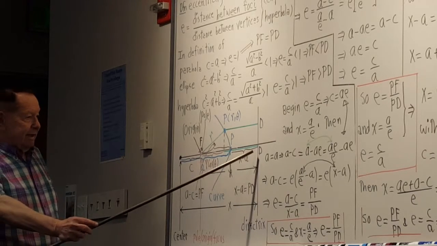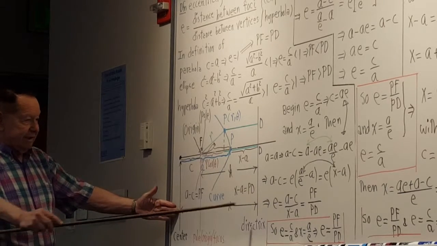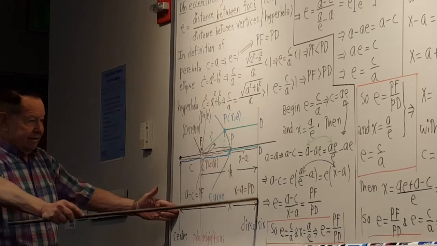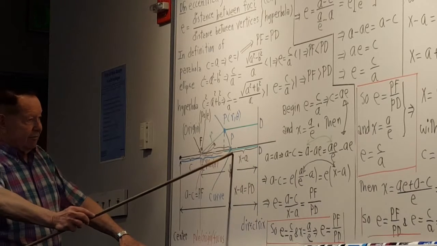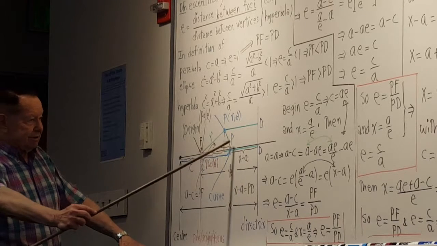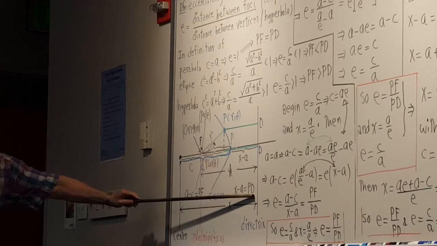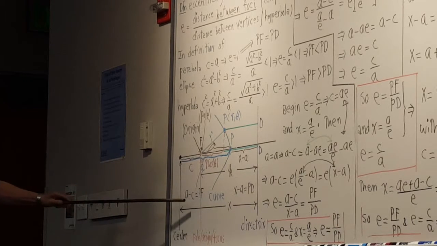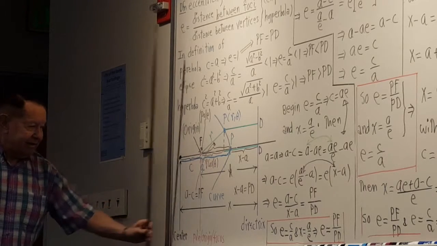And x is the distance from the center to the directrix, and x minus a would be this brown colored distance, which is PD. As I wrote, x minus a is PD, a minus c is PF, where I'm measuring everything from back here.